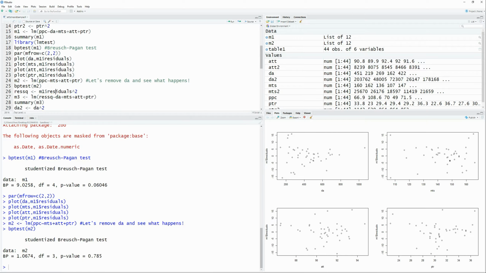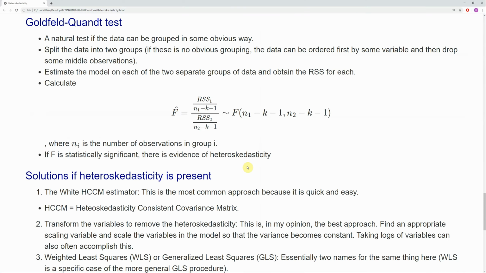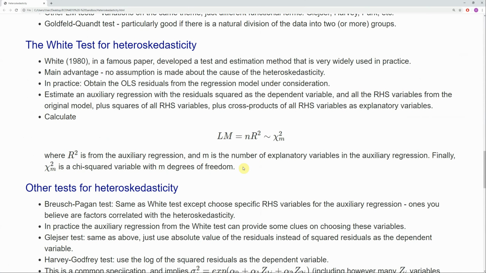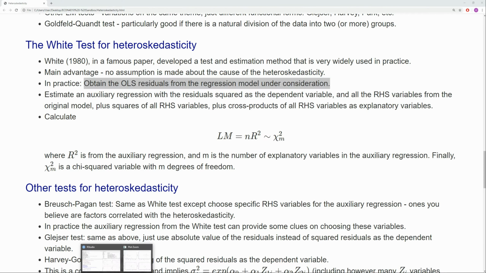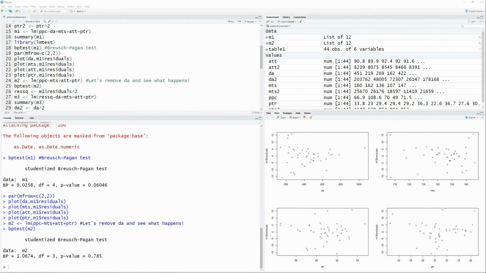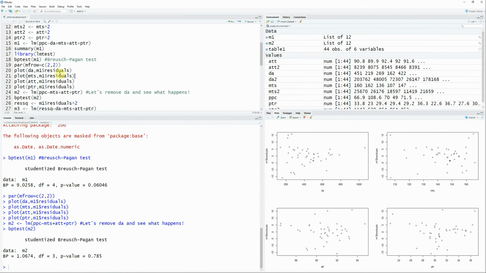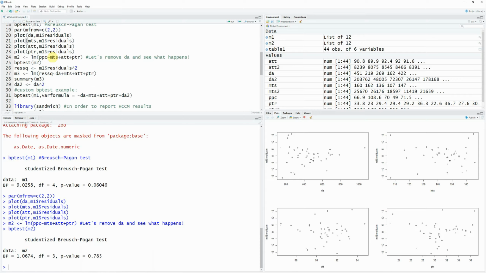exactly what's going on when we're doing the Breusch-Pagan test or White test, you remember these steps. In practice, we have to first obtain the residuals from the first model under consideration. So here, my main model under consideration is M1 because it had DA first, and I want to see if I had a case of heteroskedasticity.